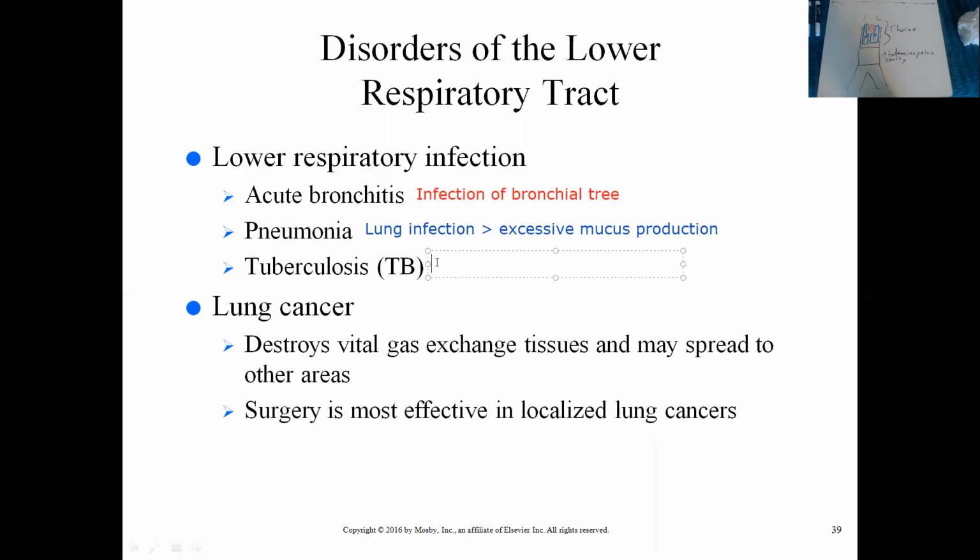And tuberculosis. Tuberculosis is a bacterial infection. And a major symptom of tuberculosis, where the name comes from, is that the bacteria form lesions, also called tubercles in this case, which lead to making scar tissue on the lungs.